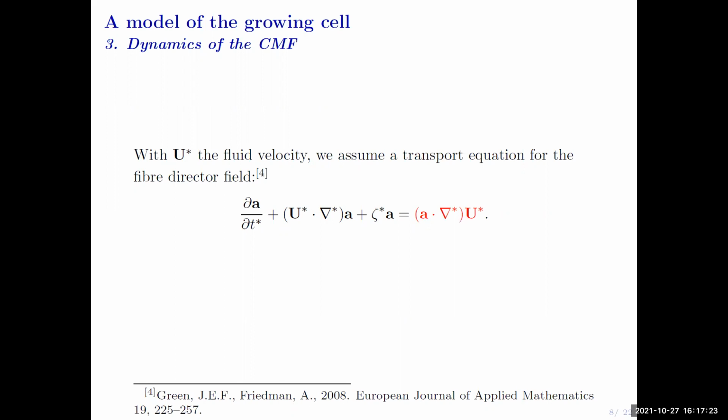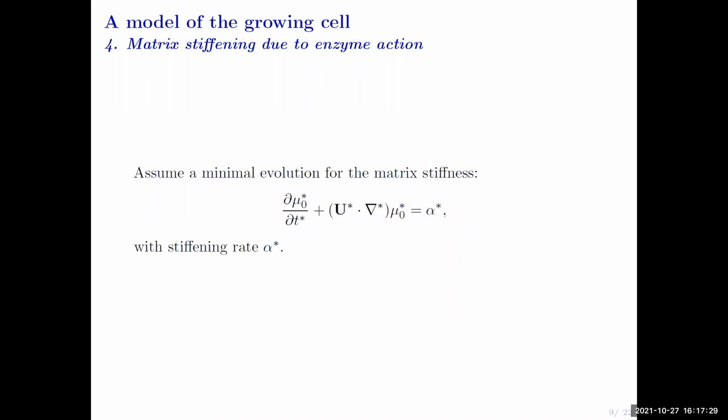This particular transport law. And as I mentioned earlier, the reason we want to think of mu naught as a variable is that it is known that the ground matrix of the cell wall becomes more and more highly viscous, more stiff, as time goes on, just due to certain chemical reactions going on in the cell wall.